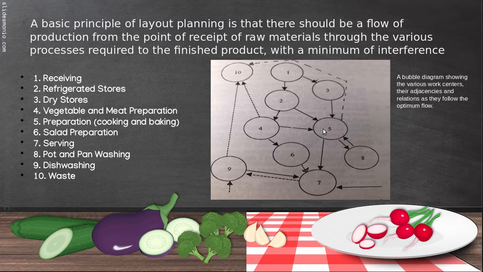5, preparation, cooking and baking. And then 6, salad preparation. 7, serving. 8, pot and pan washing. And then 9, dishwashing. And then 10, waste. Okay, preparation, the cooking and baking.